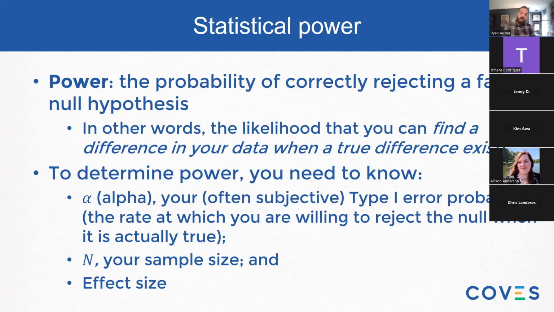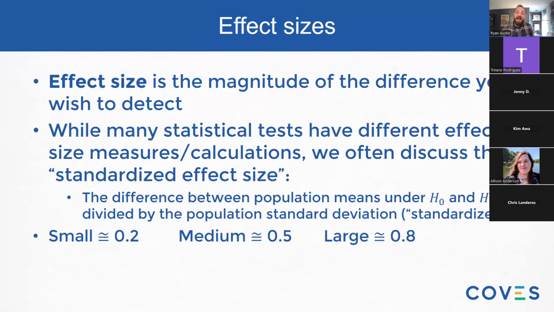The effect size I'm going to talk about on the next slide, but quite honestly, this is probably one of the harder concepts in this whole lightning reintroduction crash course to contemplate because it's both theoretical and realized depending on the sample of data. So again, statistical power is this idea that I can find a difference in the data when the difference exists in the population. And an effect size is the magnitude of that difference.